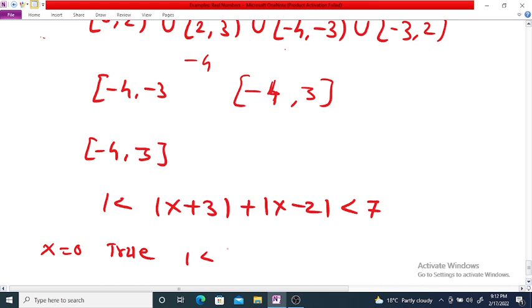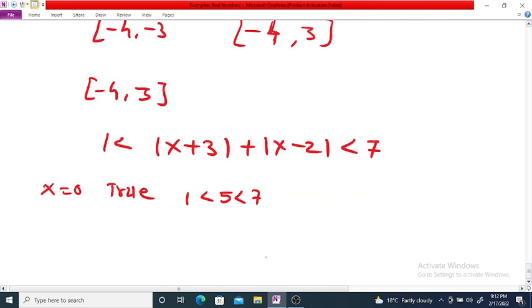Since it is 1 less than 5 less than 7. For an end point x equal to 3, then 3 plus 3 is 6, and 3 minus 1 is 1, so 6 plus 1 is 7, and 7 is not less than 7. The end point does not hold. Sorry, it is open interval.